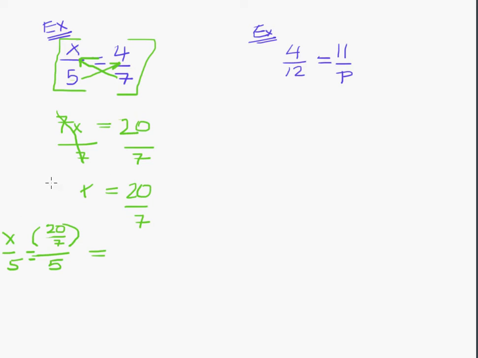So what I really have is 20 over 7 divided by 5. And when we divide with fractions, we take the second number, take the reciprocal of that number, and multiply it times 20 over 7.